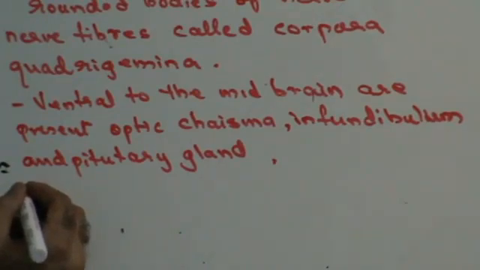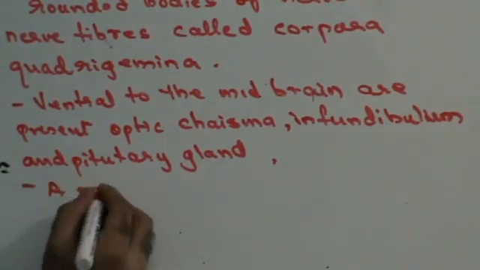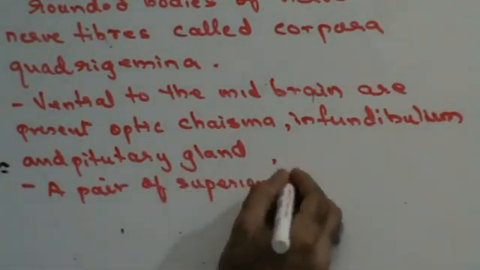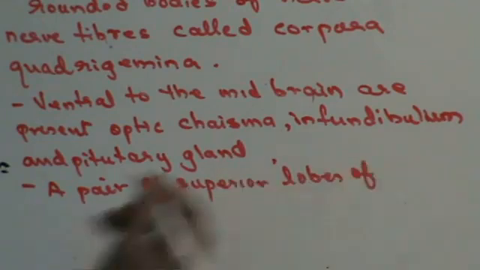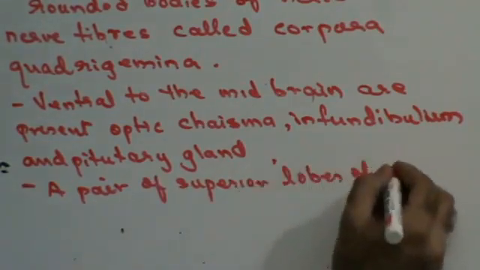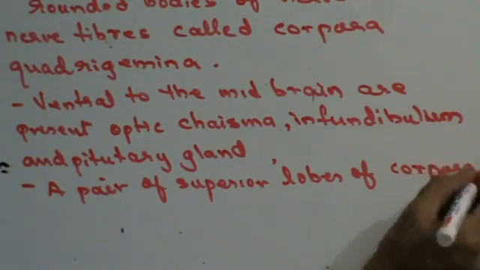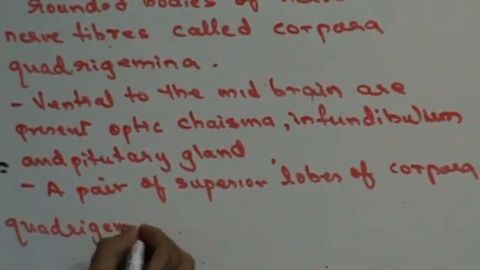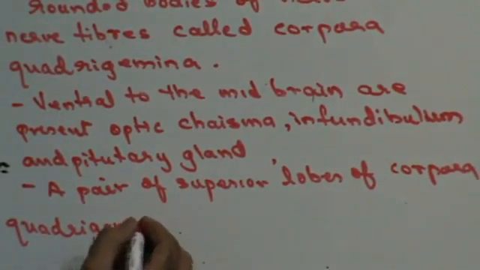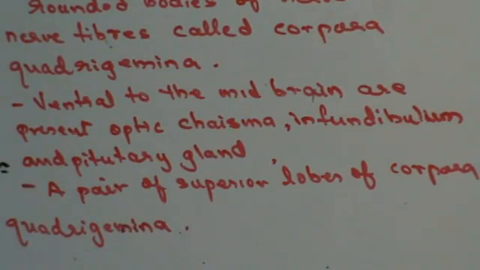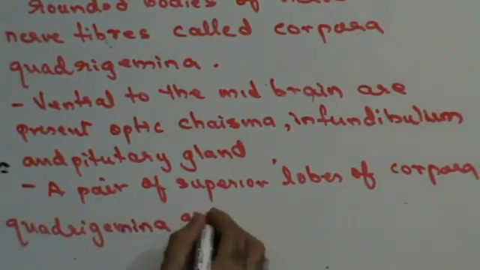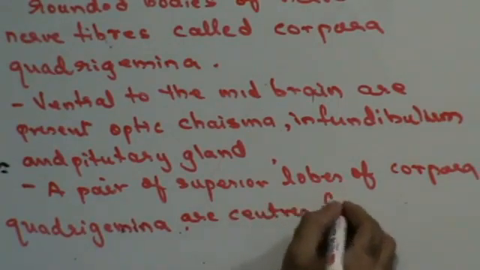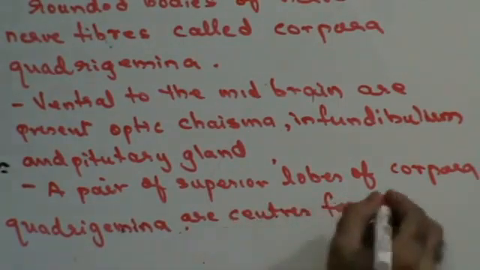A pair of superior lobes of corpora quadrigemina are centers for visual reflexes.